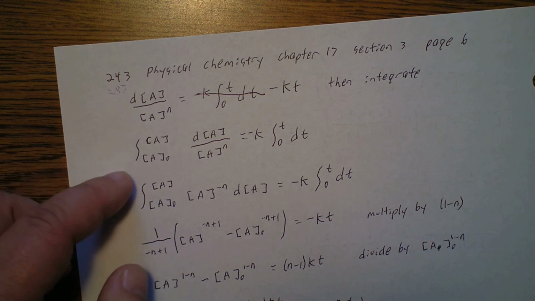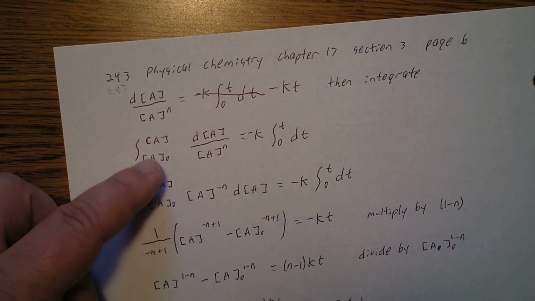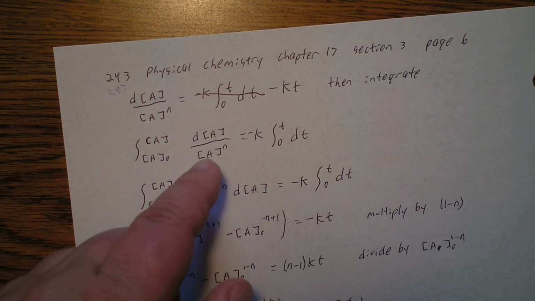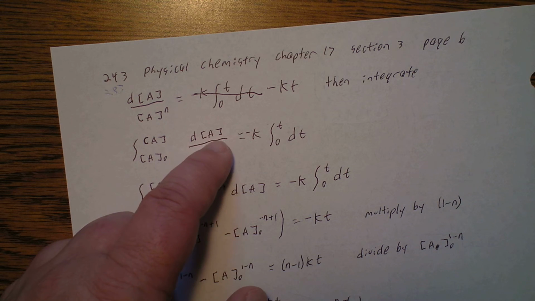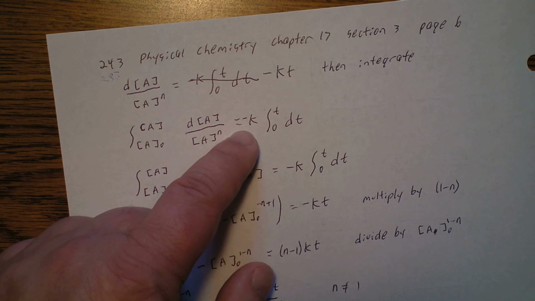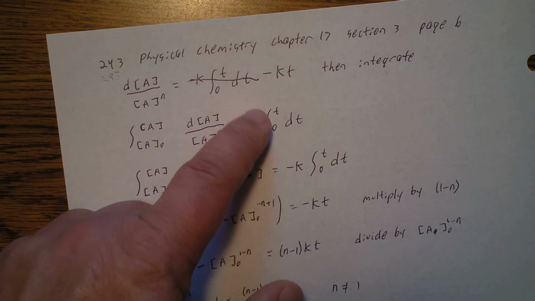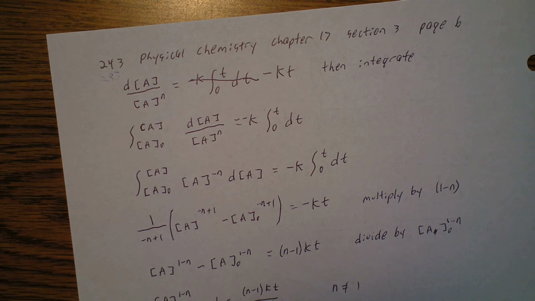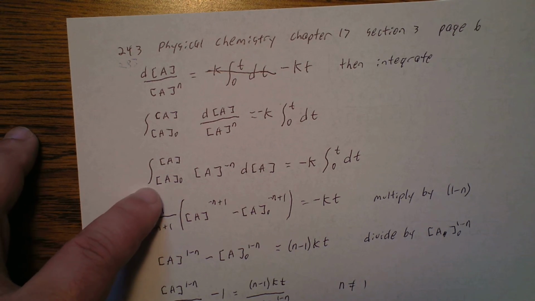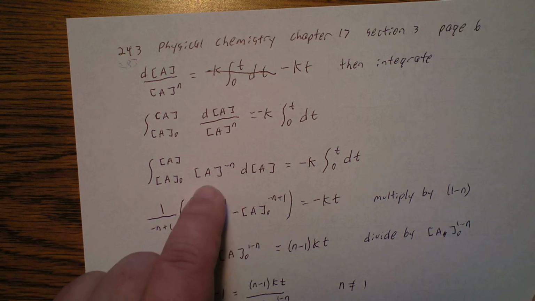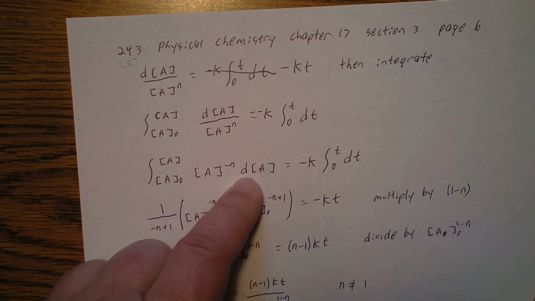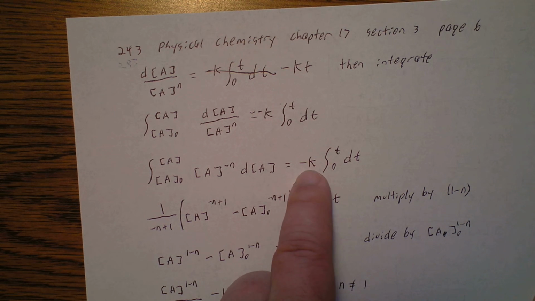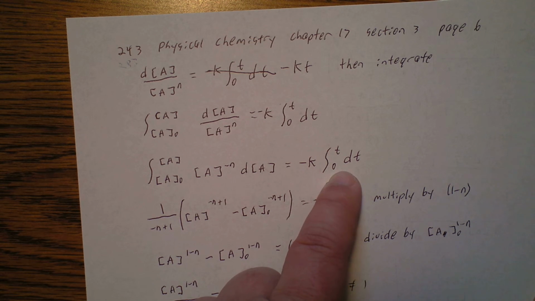So we get the integral from the initial concentration of A to the concentration of A of 1 over the concentration of A to the n power with respect to the concentration of A, equal to minus k times the integral from 0 to t dt. So we get the integral of the concentration of A to the minus n power with respect to the concentration of A, equal to minus k times the integral from 0 to t with respect to t.